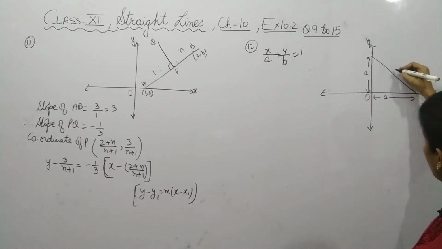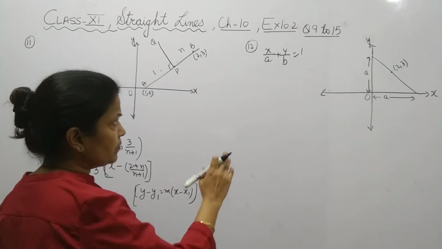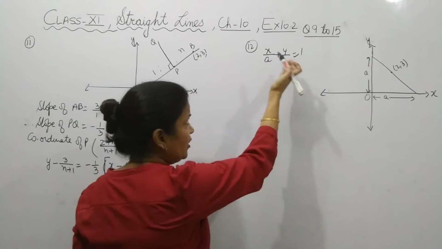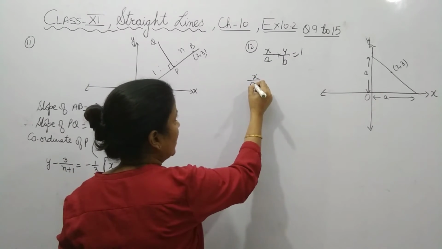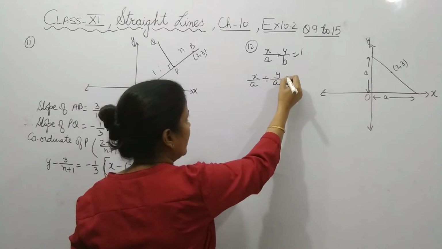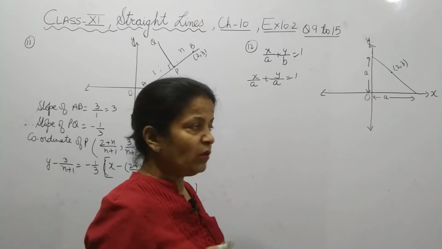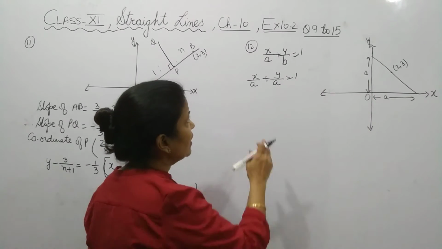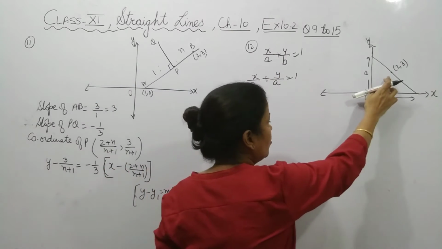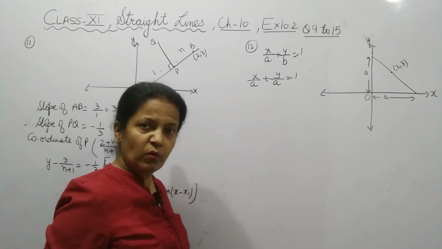This line is also passing through the point (2, 3). Equal intercepts, so we will take both the terms as a: x upon a plus y upon a equal 1. Since the line passes through (2, 3), this coordinate must satisfy x and y here.